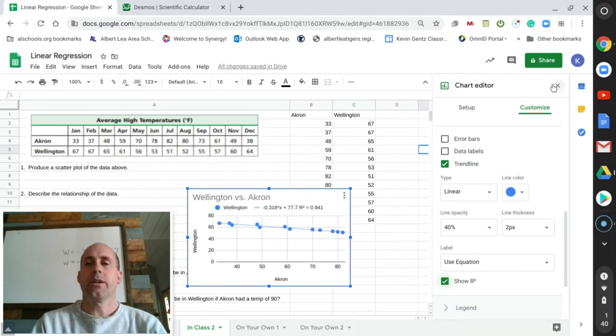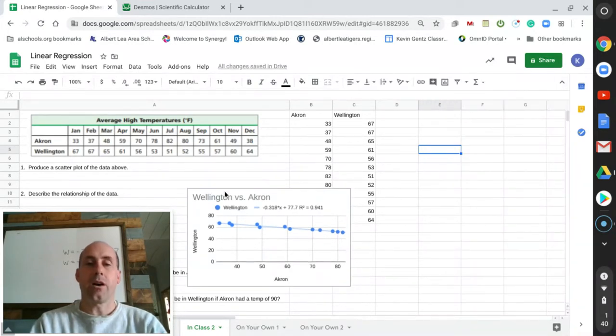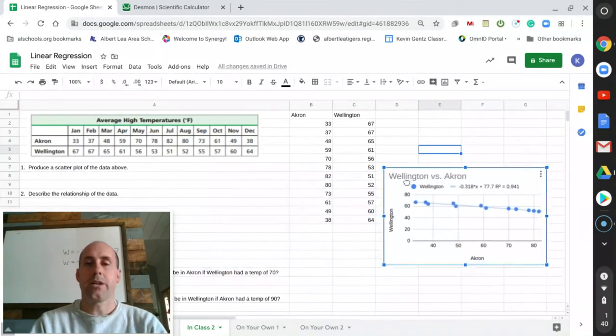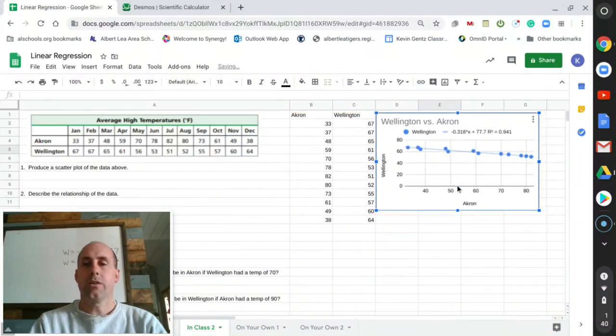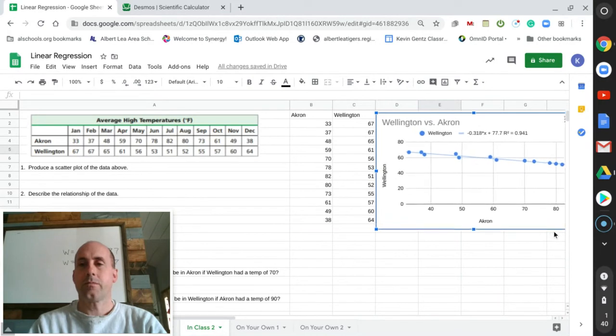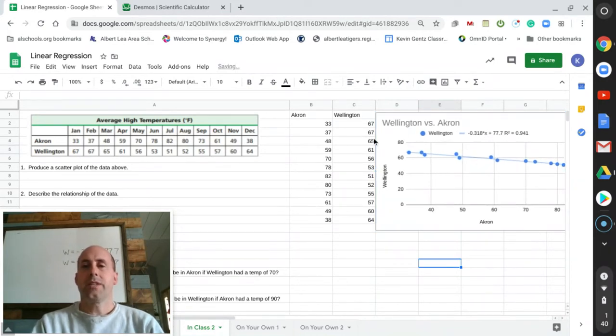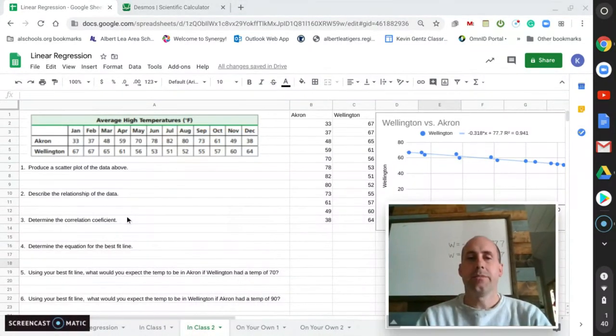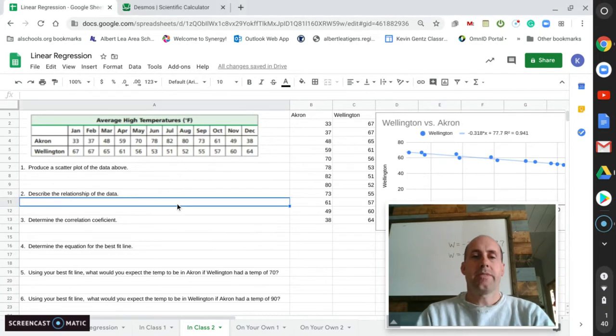Now that I have those three done, I can click out of my chart editor, and I can look at this graph. And sure enough, you can see that it is negative 0.318. So we produce the scatter plot of the data, then describe the relationship of the data: strong negative correlation.